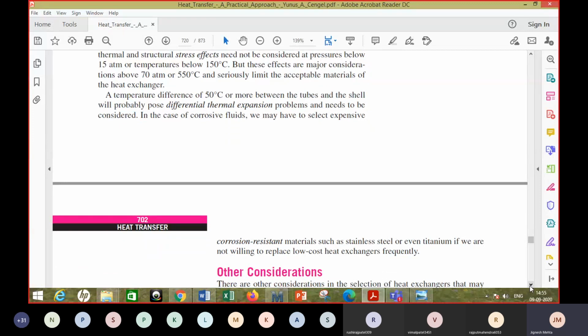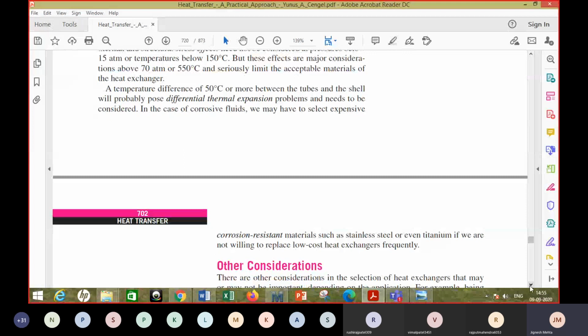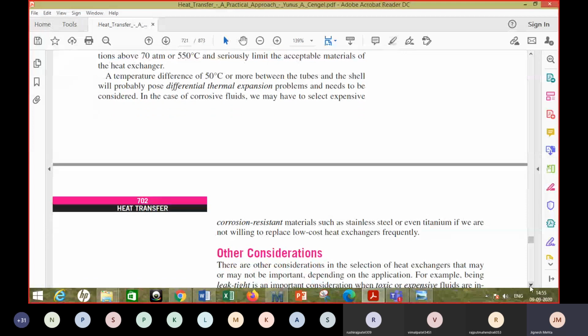usual commercial material, right? Given a choice, you might go for MS carbon steel only, because it is one of the cheapest construction materials. So if the corrosion rate is not very high, not very objectionable, you might go for carbon steel tube material, even for the heat exchanger, right? But then if corrosion is an issue, then you may have to go for stainless steel, which increases the cost many times.